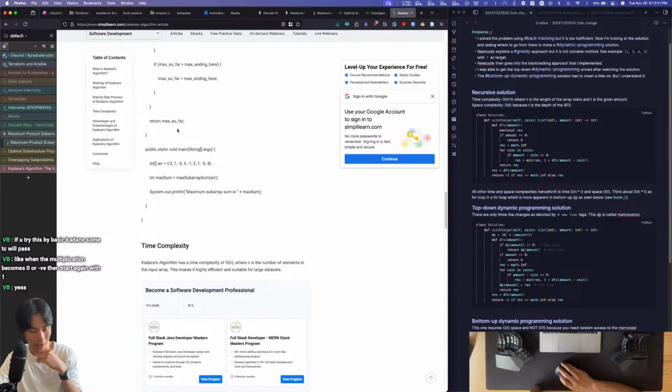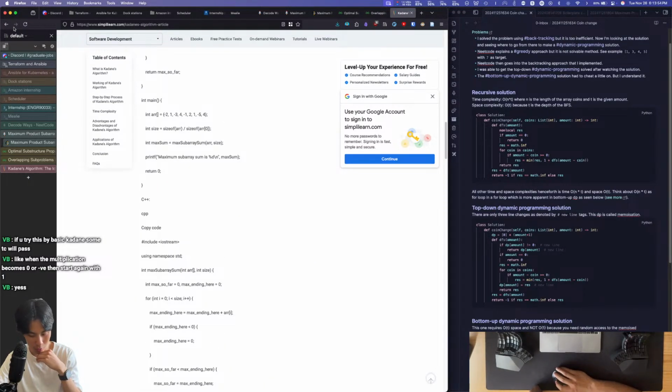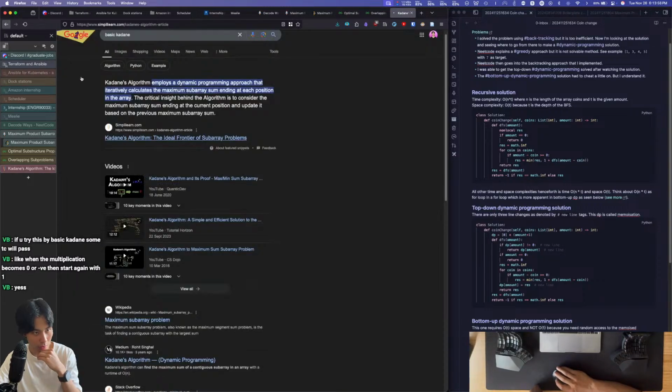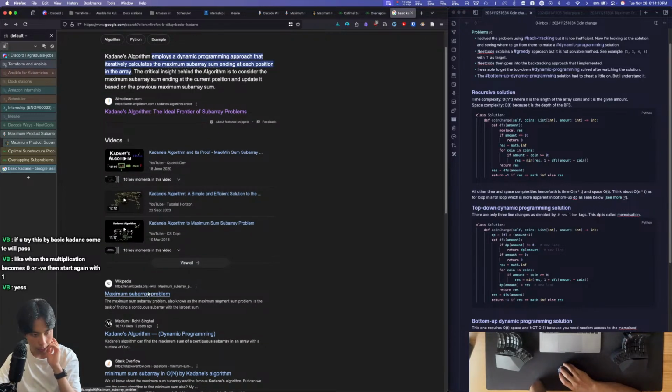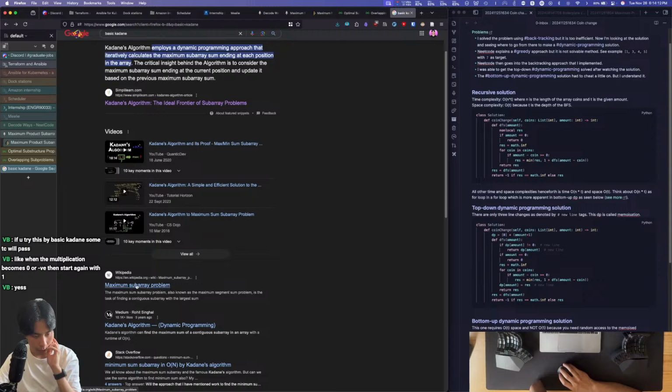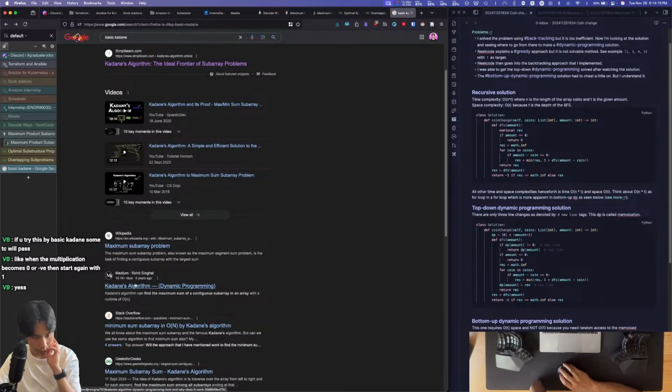I don't like the format of this page. I'm inclined to even watch an algorithm, watch an implementation, but maximum subarray problem. Can find the maximum sum of a contiguous subarray with a runtime of O of n.